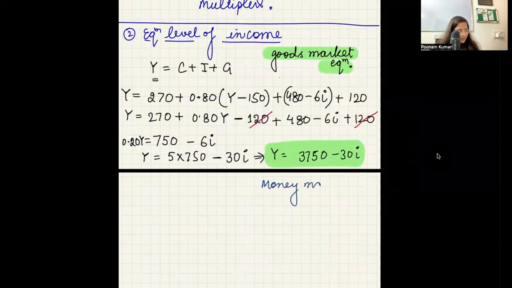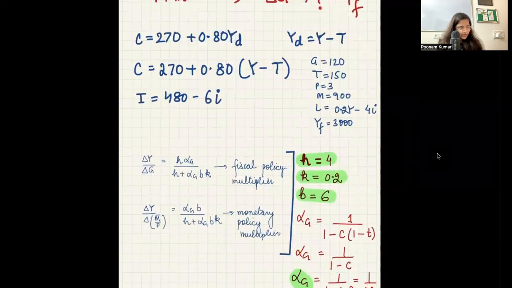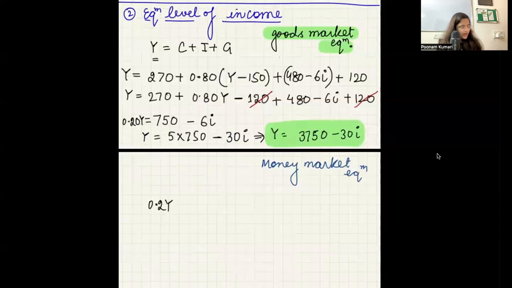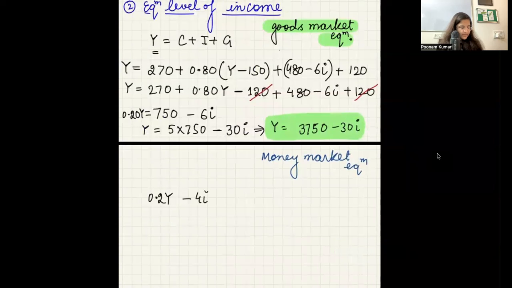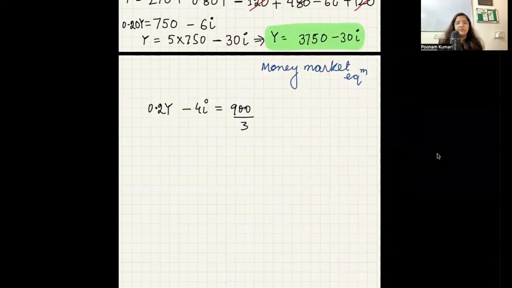So money market equilibrium is going to give you 0.2y minus 4i equals 900 divided by 3. So this is what you have from here.